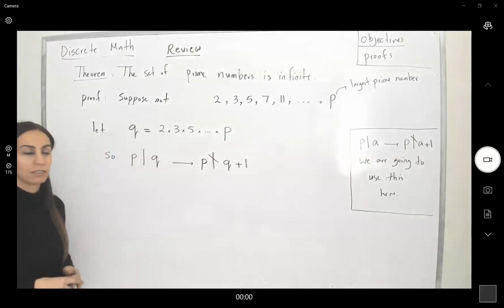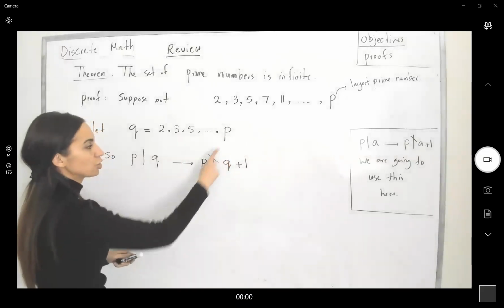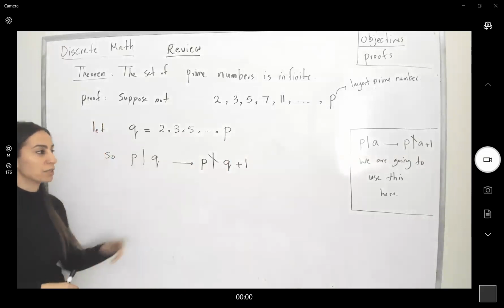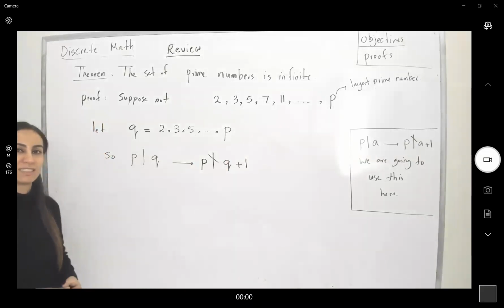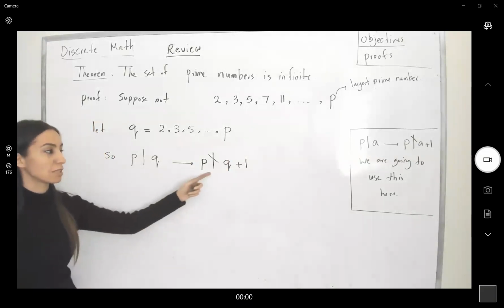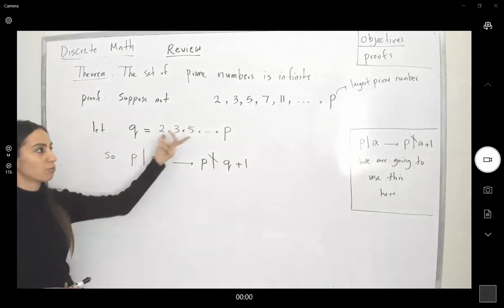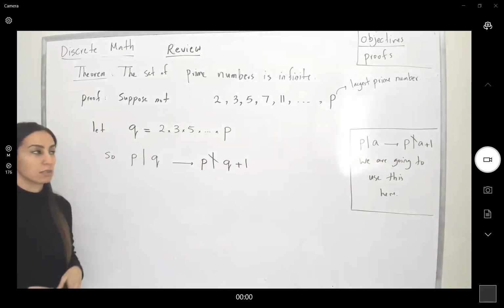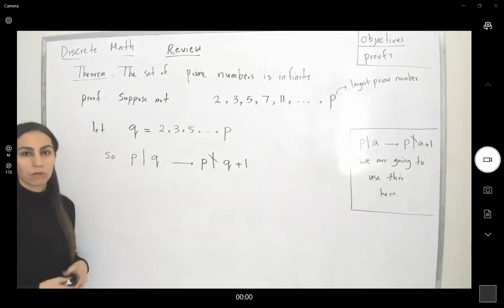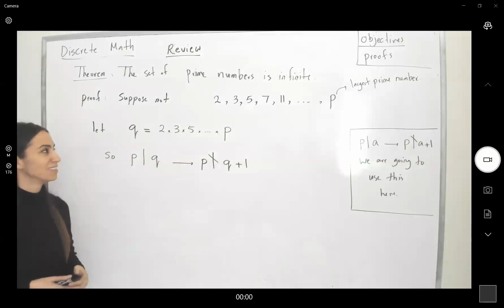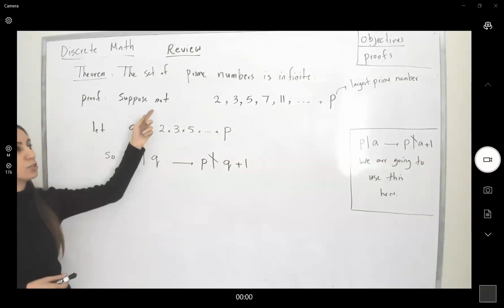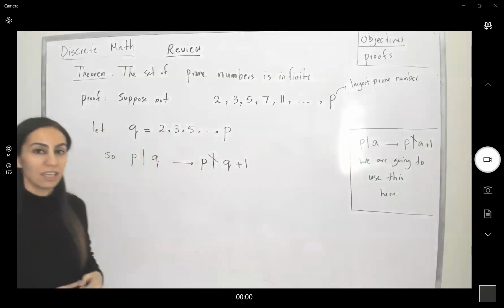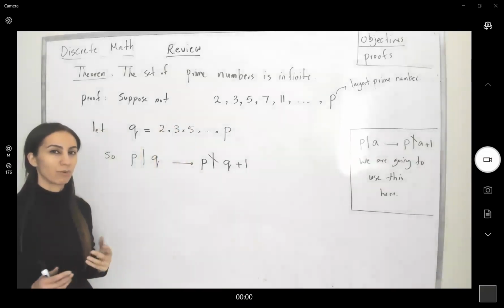So what's the meaning of that? It means that if I add 1 to Q, then there is no prime number dividing Q plus 1. So what's the meaning of that? P divides Q, P doesn't divide Q plus 1. If I add 1 to this number, it's either a number that you saw before or something new. You add 1 to it, and P is not a factor of it. We assume that this set is finite. So what's the meaning of that?